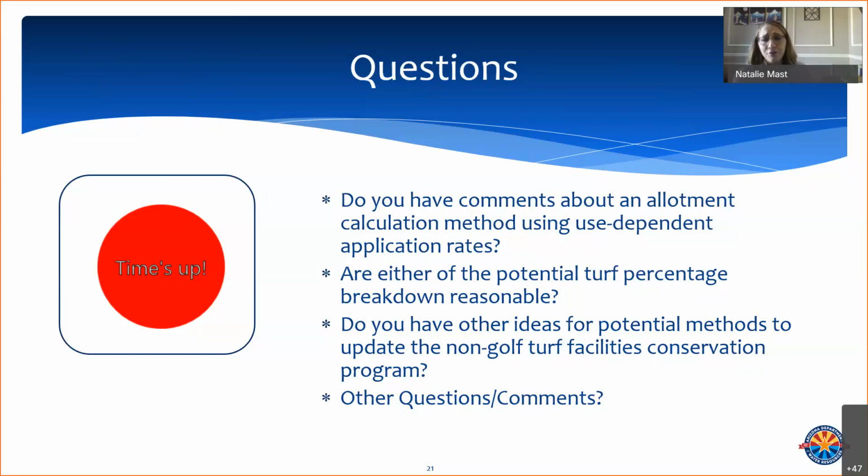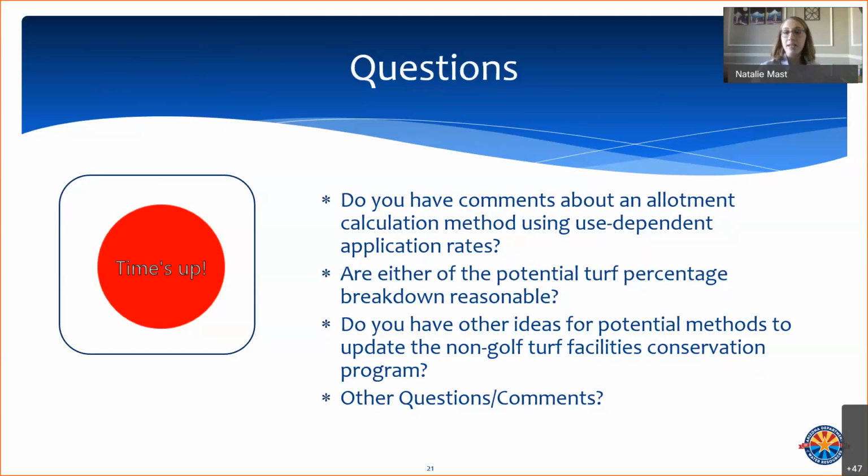Our rationale for initially proposing it at 25%, I believe it was 25% for athletic fields for parks, was that there are a number of large older parks that have a lot of ornamental turf that don't have the large percentage of athletic fields.